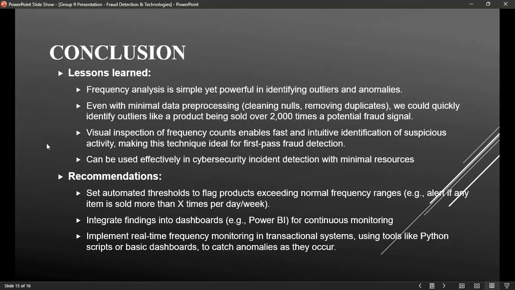Also, it is simple yet powerful when it comes to identifying outliers and anomalies. One of the recommendations was to implement real-time frequency monitoring in transactional systems using tools like Python scripts or basic dashboards to catch anomalies as they occur.